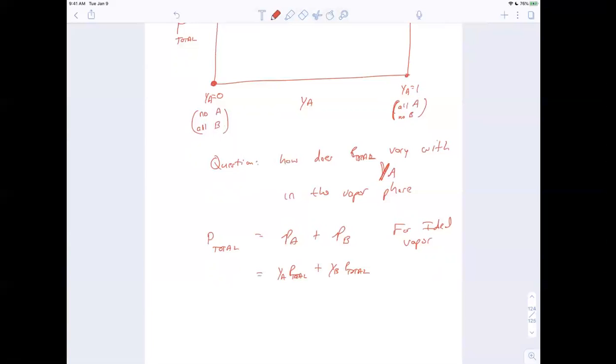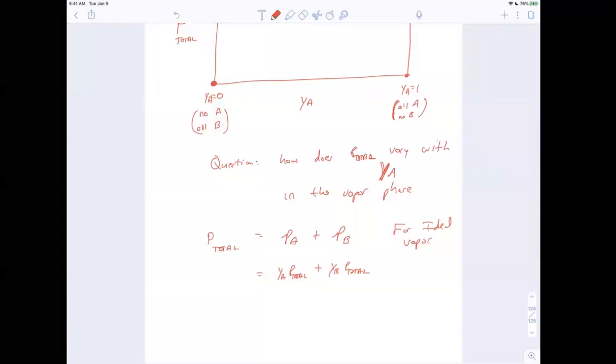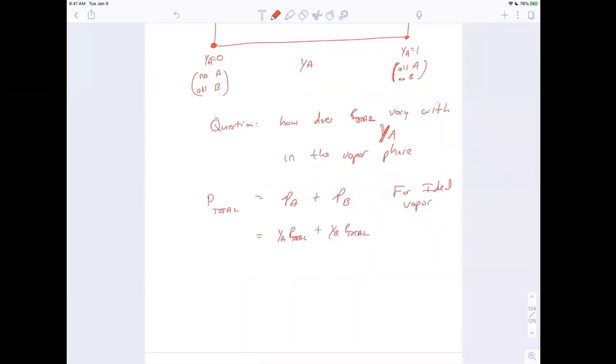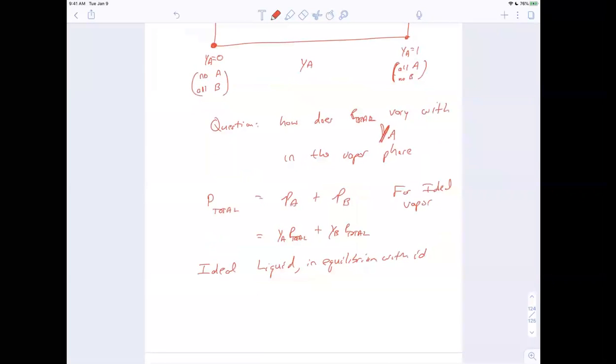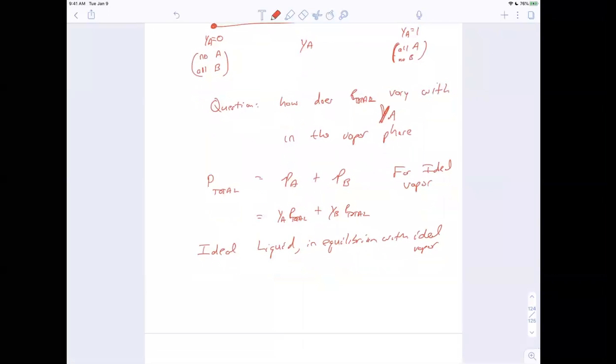That makes perfect sense, right? Okay, good, thanks. So it turns out that for the liquid, if we're looking at an ideal liquid in equilibrium with ideal vapor, the partial pressures are given by a very simple formula.